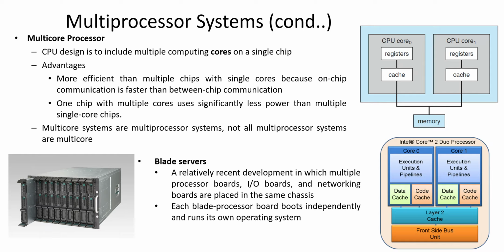It also uses significantly less power than running multiple single core chips would. One important clarification: multi-core systems are indeed multiprocessor systems, but not all multiprocessor systems are multi-core. Multiprocessing is the broader category, and multi-core is just one way to achieve it.